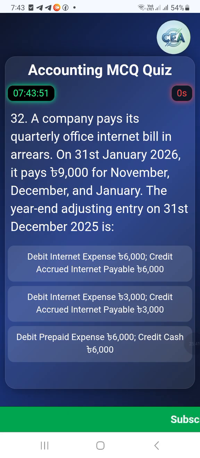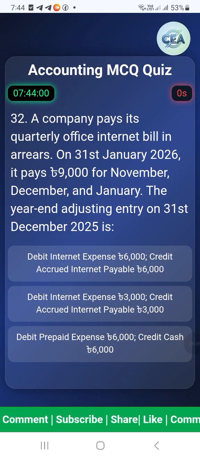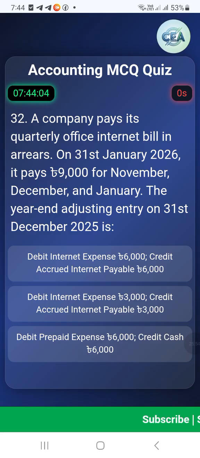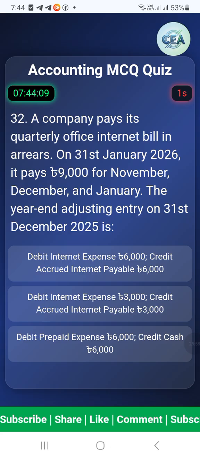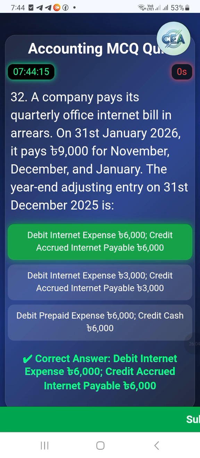Debit internet expense 3,000 takas, credit accrued internet payable 3,000 takas. Option 3. Debit prepaid expense 6,000 takas, credit cash 6,000 takas. Correct answer is debit internet expense 6,000 takas, credit accrued internet payable 6,000 takas.